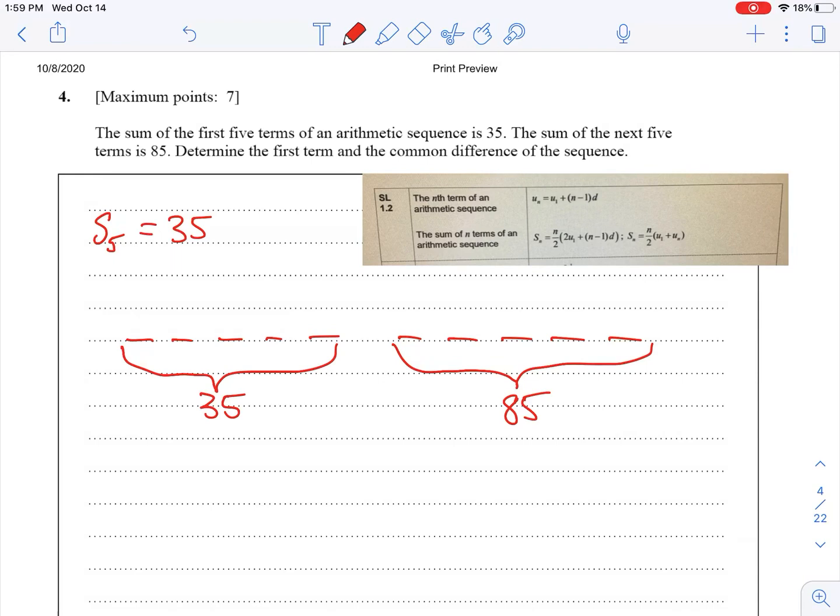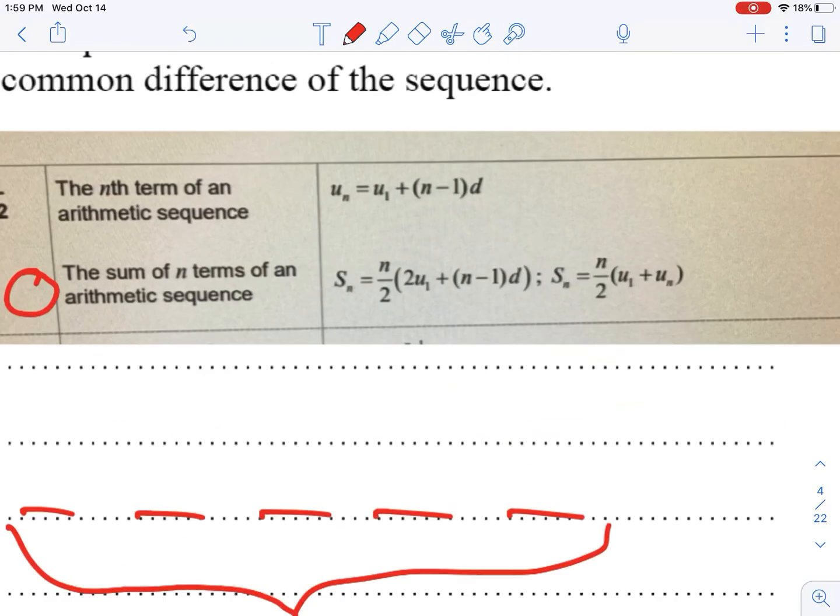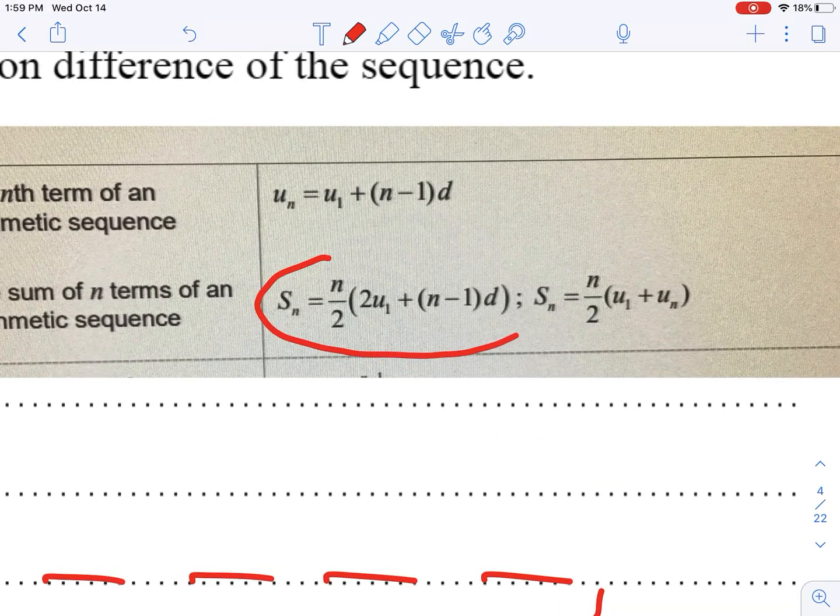Now, at the moment, I'm thinking, how am I going to find the first term? How am I going to find the common difference here? I need a bit more. Well, I'm dealing with the sum of n terms of an arithmetic sequence, so let's try substituting into this formula here.